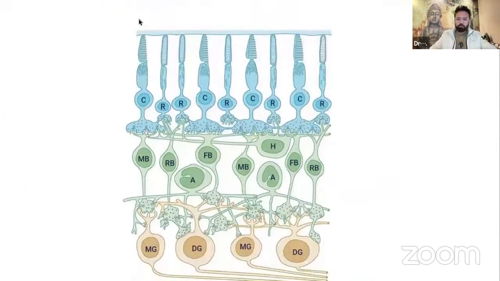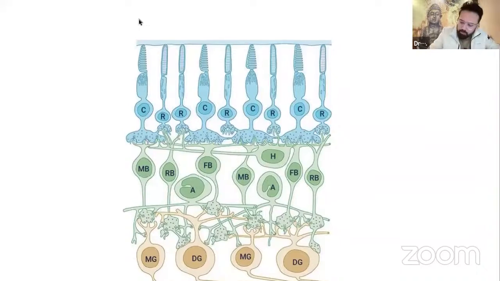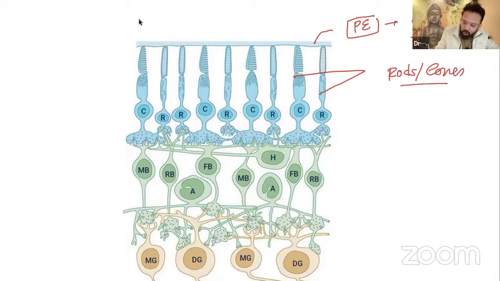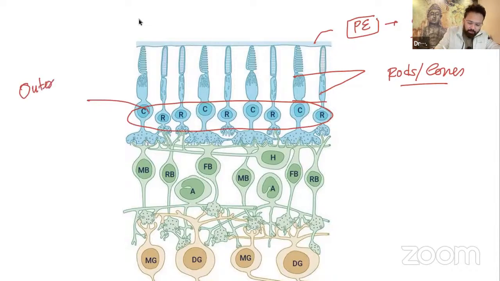Now comes your retina. This layer is the pigment epithelial layer. Purpose is to absorb light so that your image should not be blurred. These are your rods and cones, and all these nuclei are outer, so they are called the outer nuclear layer.